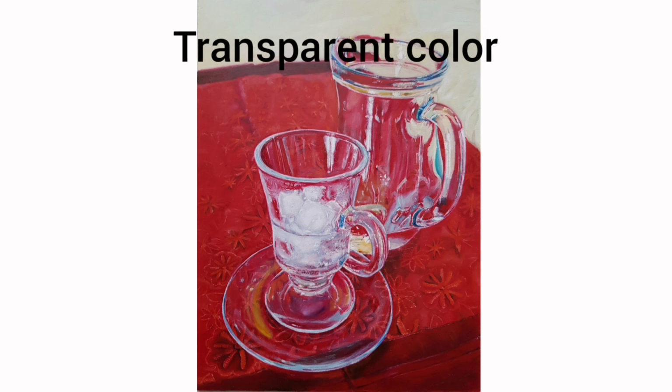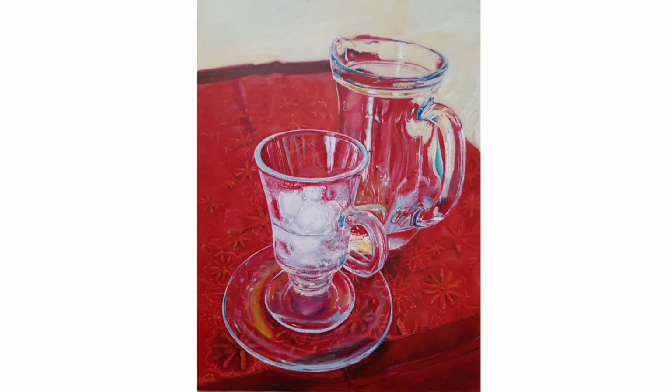Transparency. Depending on the media that you are using, you may be able to mix it with water or something else to make it more transparent. But there are other things that make something look transparent. A transparent object doesn't cover what's behind it completely, so you should draw what's behind it.